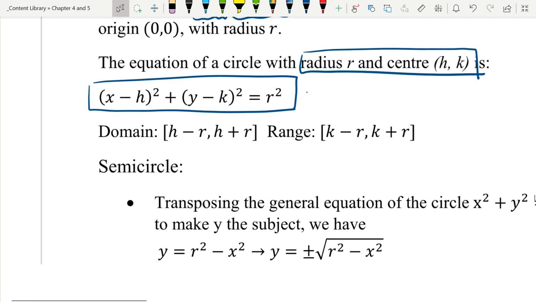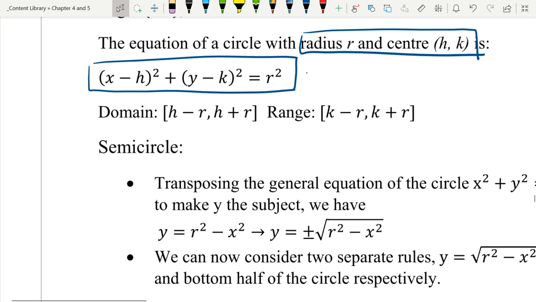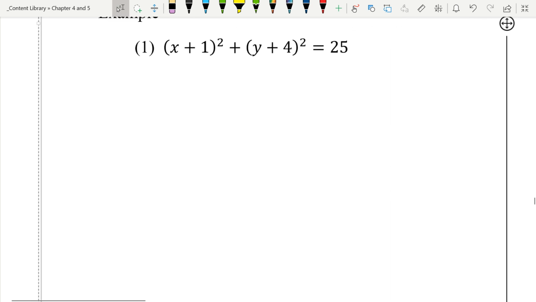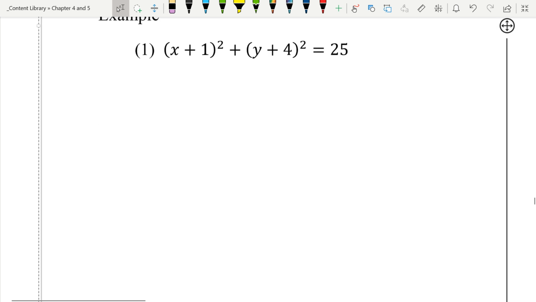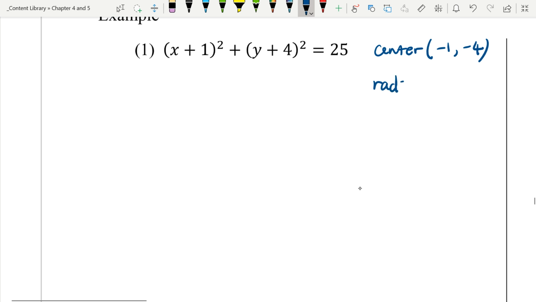Well, we'll talk about the semicircle later, but let's have a look at the question here. If we think about the center, what's the center of the circle? -1 and -4. And what's the radius? Here, radius equals to 5 because I can change that to 5 squared. So I will just sketch one circle because I don't have much time today.